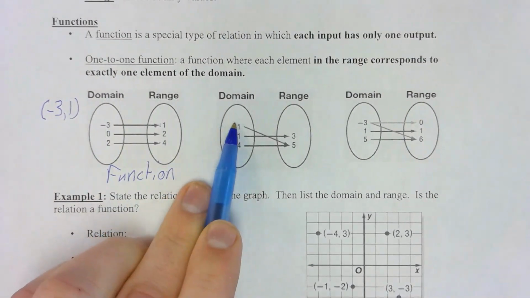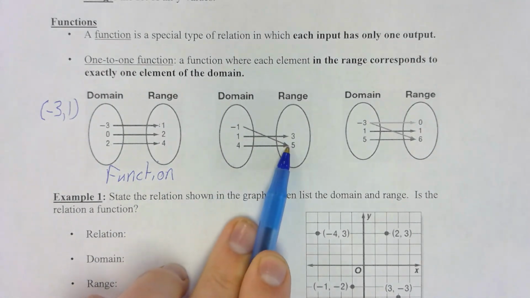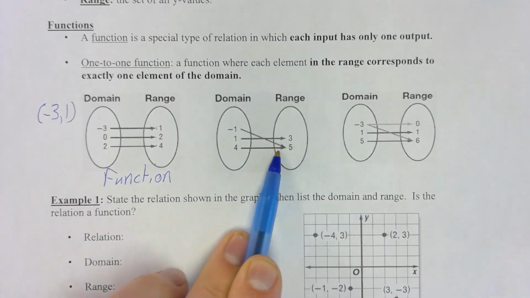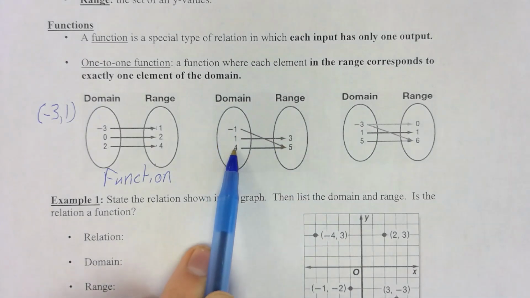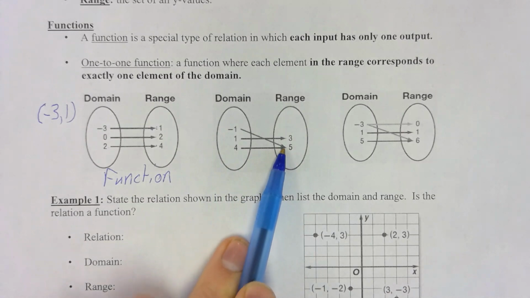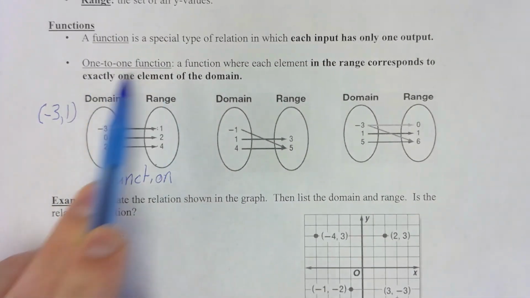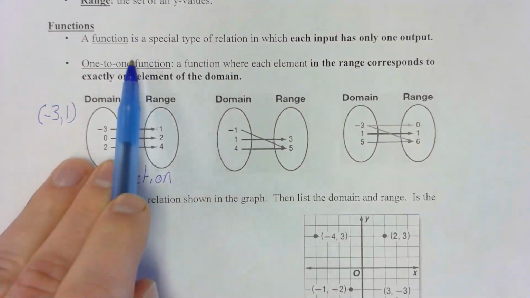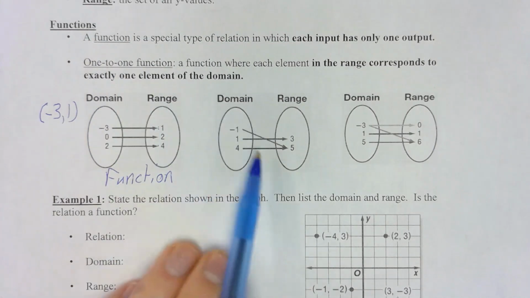Now, notice that these two numbers go to the same number in the range. So we've got a point like (-1, 5). We've also got a point (4, 5). Well, this means that this is not a one-to-one function. You can write one-to-one down here if you want to. But I'm really concerned that you know functions.